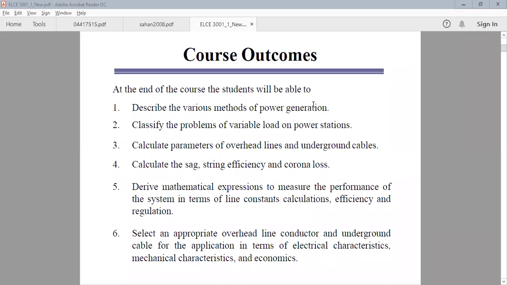Then we will understand how to classify the problems of variable load on power stations and calculate overhead lines and underground cables characteristics and parameters. We can calculate sag, string efficiency, corona losses, and so on.